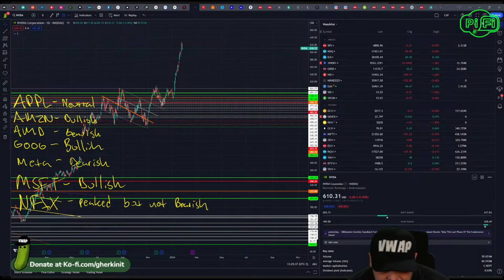And I'm not really sure that buying puts, going short, would be either. If it broke back below 590, then I might consider getting some puts on it, or selling those call spreads above 600.